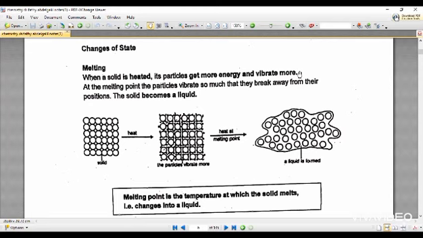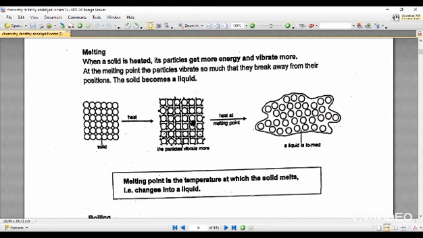They cannot vibrate more than that. This point is called the melting point. Now, the forces between them start to break down, and when these forces break down, they change into the liquid state.